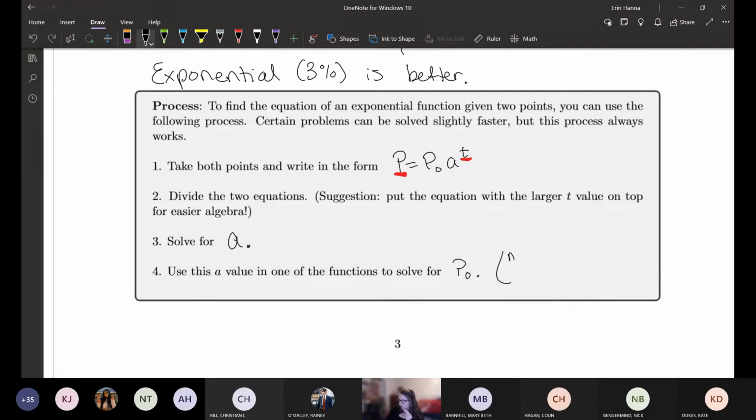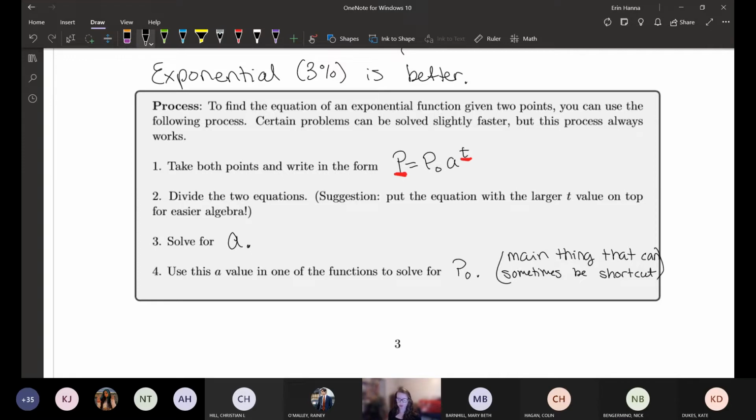This is the main thing that can sometimes be shortcutted. So sometimes you can shortcut finding the P naught because one of the points will be the P naught.